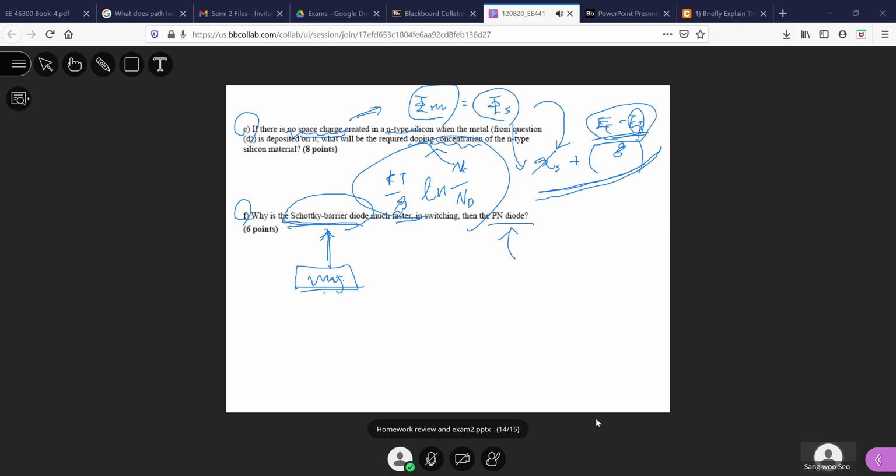And also in the class, we related that kind of characteristic: when you apply the current, the Schottky barrier current increases right away like this. But for the PN, there is some delay. Time delay happens due to the storage capacitance.